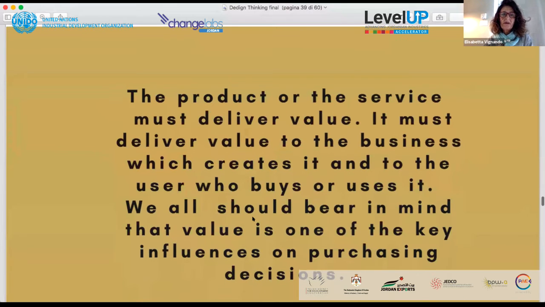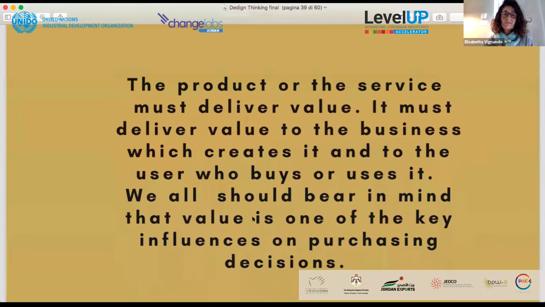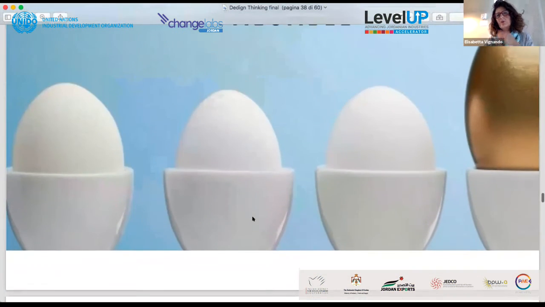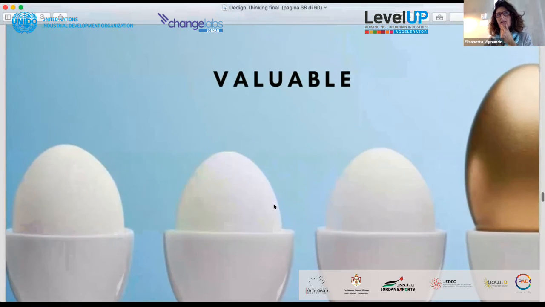We all should bear in mind that value is one of the key influences on purchase decisions. And I want to stress again, especially for startups, for new entrepreneurs who are just approaching the market, be very targeted on the value. The value of the product or of the service is not only the tangible value, but especially the intangible value that you can create.